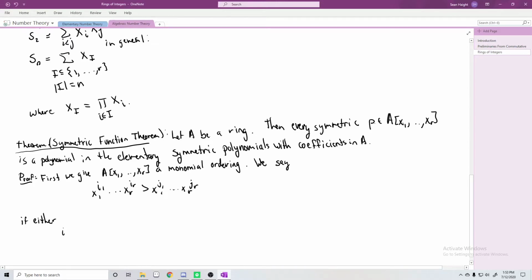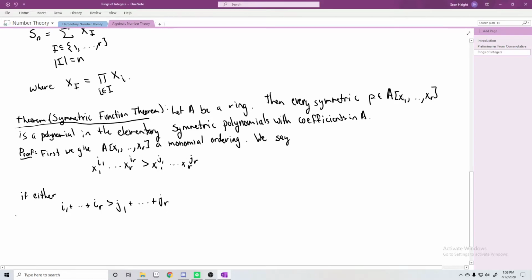So if the sum of all these i's is bigger than the sum of all the j's, or we have equality in total degree.